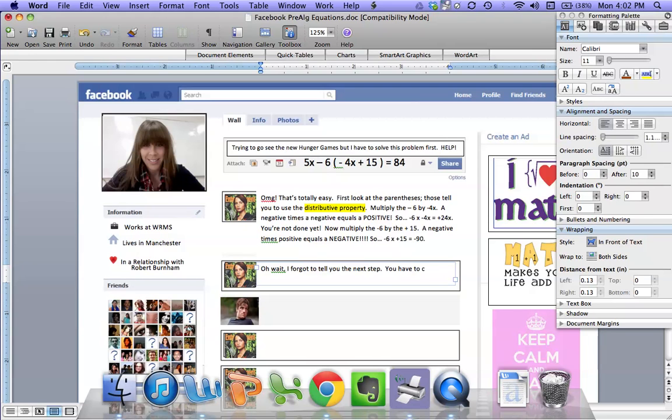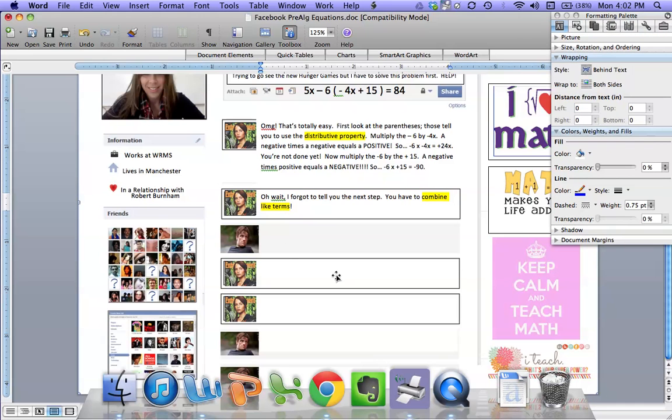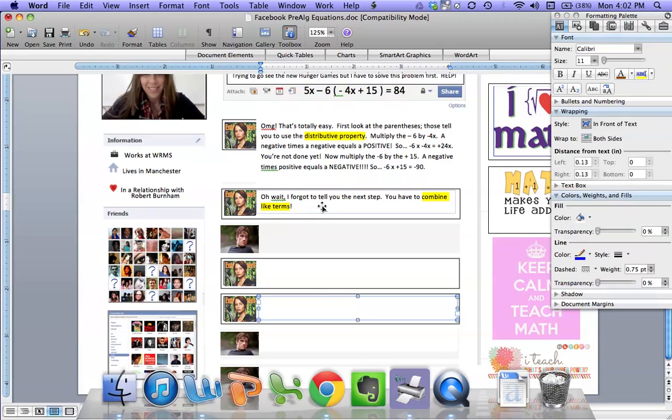You have to combine like terms. That's another key vocabulary term that I would love for you to highlight. And maybe Katniss isn't so great at combining like terms, so I'm having trouble with my text boxes here. So maybe we'll have Peeta explain it.